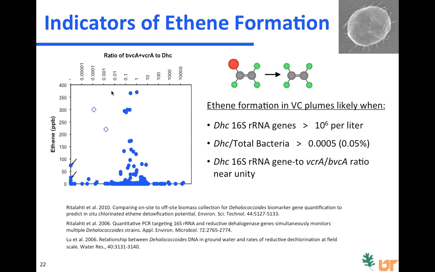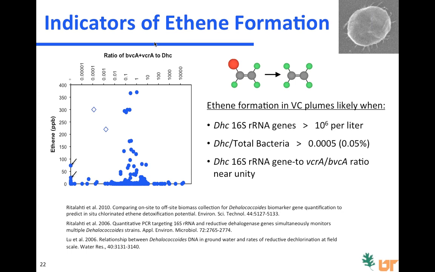And then we built the ratio of bvcA plus vcrA, so these reductive dehalogenase genes involved in vinyl chloride reductive dechlorination, to the total number of Dehalococcoides cells we quantified in these samples. And what you see is that at a ratio of 1, we see the highest ethene formation.